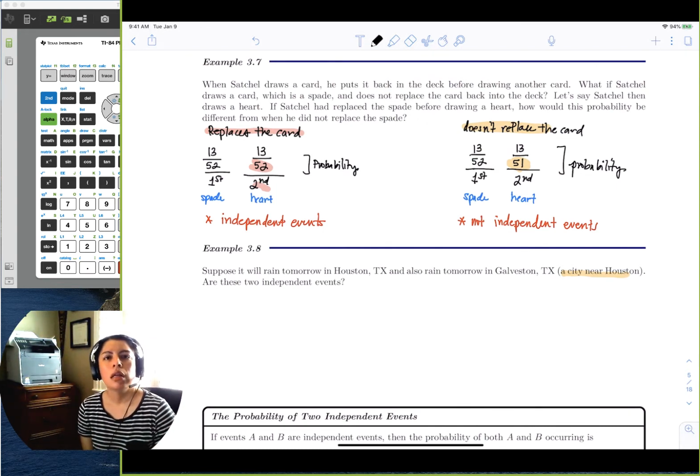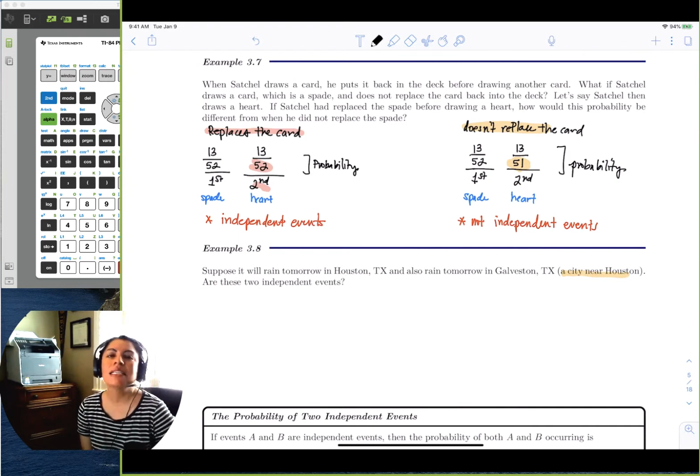Galveston can't be Houston, and Houston can't be Galveston. But that's disjoint events, and you're right. Cities are disjoint because if you're in Houston, you're not in Galveston, and there are no overlapping outcomes. But we're not talking about disjoint outcomes. We're talking about independent outcomes.